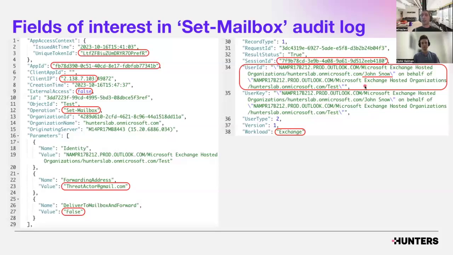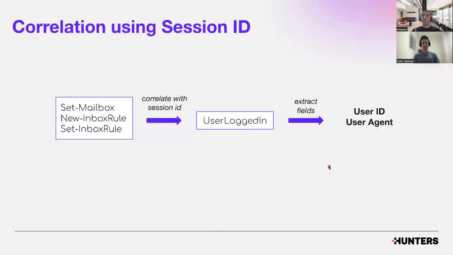We would like to have a more structured and clean format, like, for example, an email address. But for some portion of Set-Mailbox events, as well as other events, we won't get it in a clean and neat format, but we will get something like that. So how can we overcome it and get a clearer user ID field?